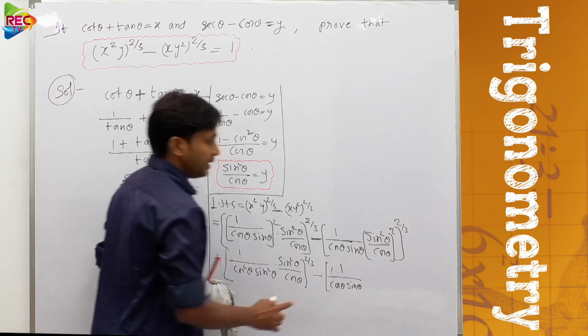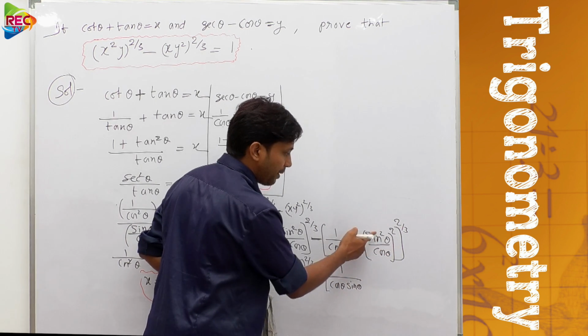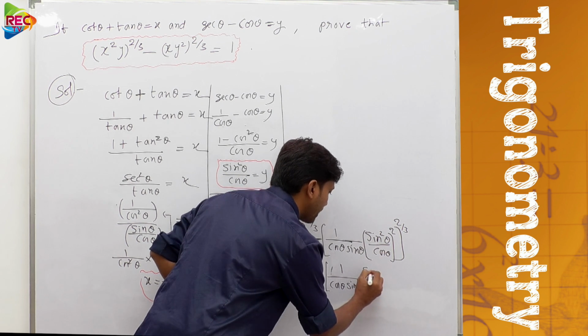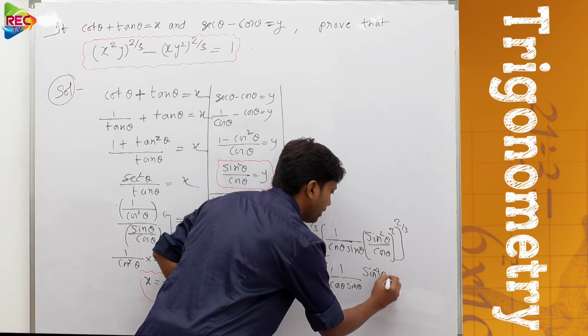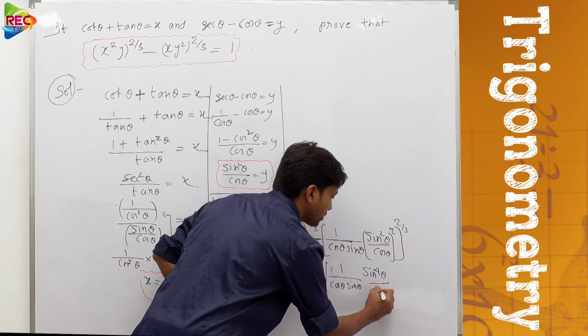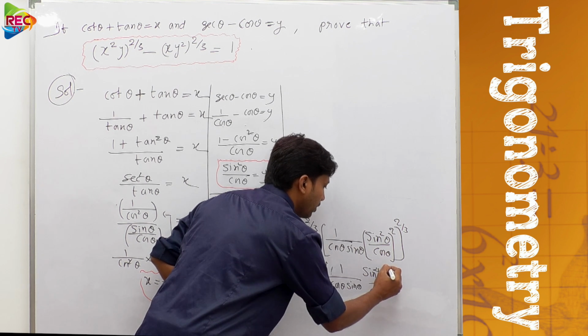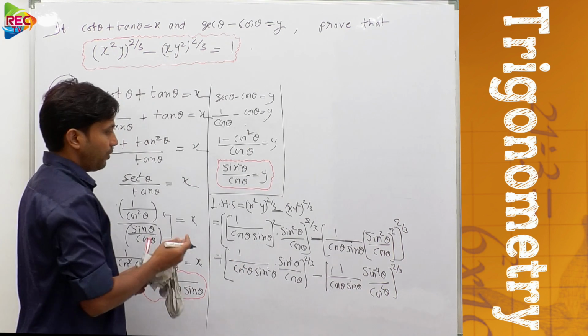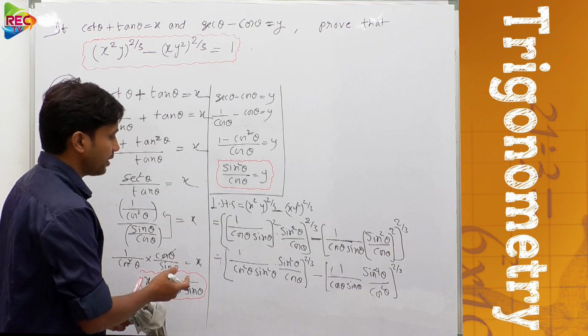Here sin square theta whole square. This square can be applied to both the numerator and denominator parts. So sin square theta whole square would be sin power 4 theta by cos theta whole square, that is cos square theta, whole to the power of 2 by 3.